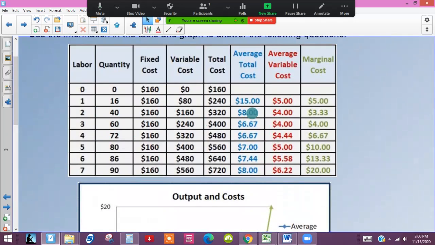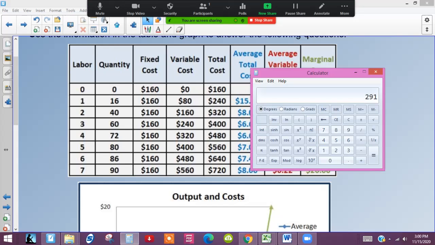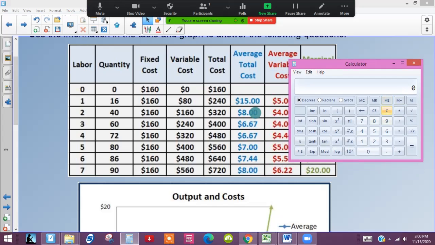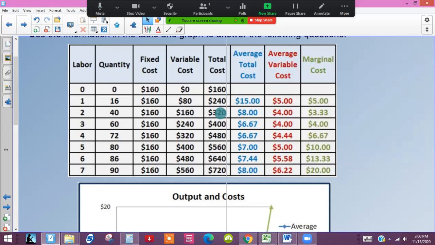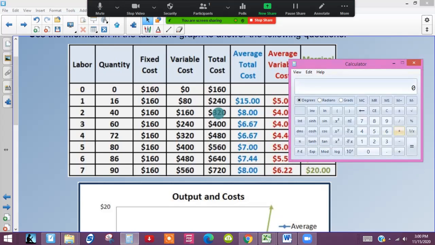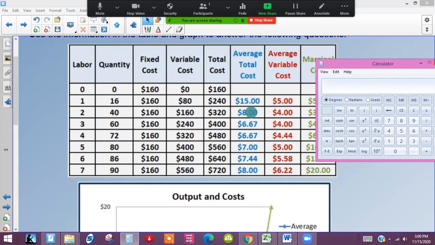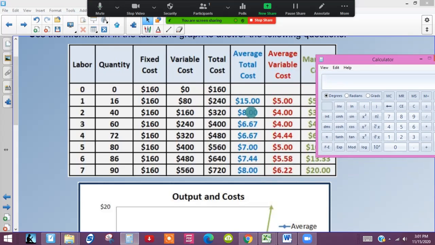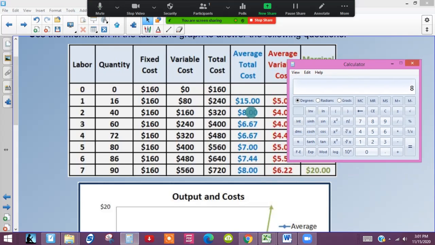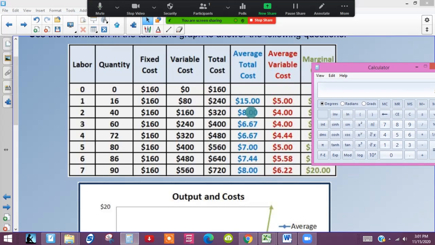To arrive at the correct answer for average total cost, we simply take the total cost, which is 320, and divide by the quantity, which is 40, and we get our answer, 8. Easy enough. The average variable cost is simply the variable cost, which is 160, divided by 40, which is 4.